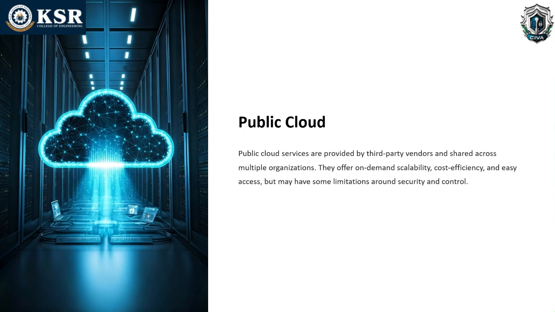That means the public cloud is like renting a shared space. It is affordable, flexible and easy to use, but you share the infrastructure with others. For example, imagine your college or office uses Google Drive. Everyone can use it to store files, but the storage servers are shared globally. That's a public cloud in action.